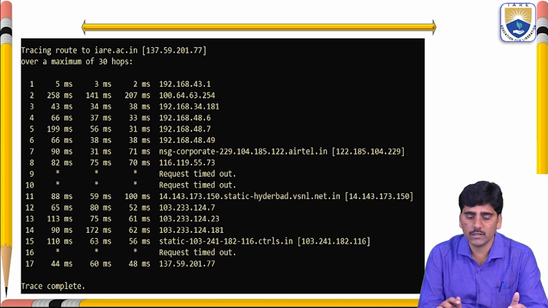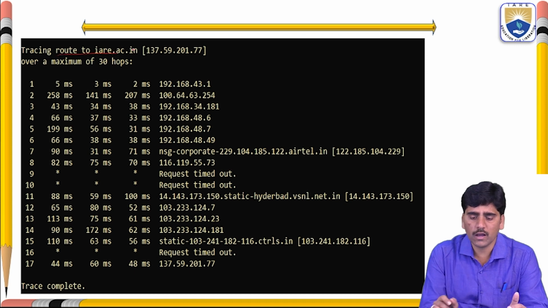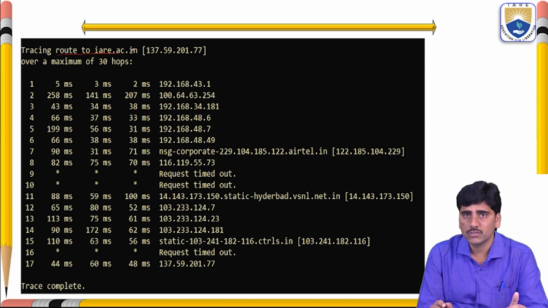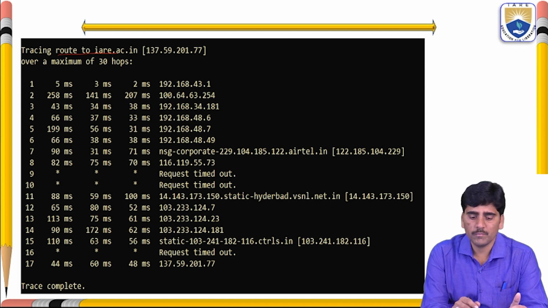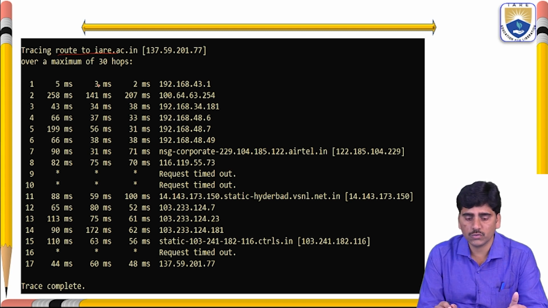So here we can see tracing route to IARE.ac.in. To contact this destination, a maximum of 30 hops can be visited, but out of those 30 hops, it reaches only 17 hops.